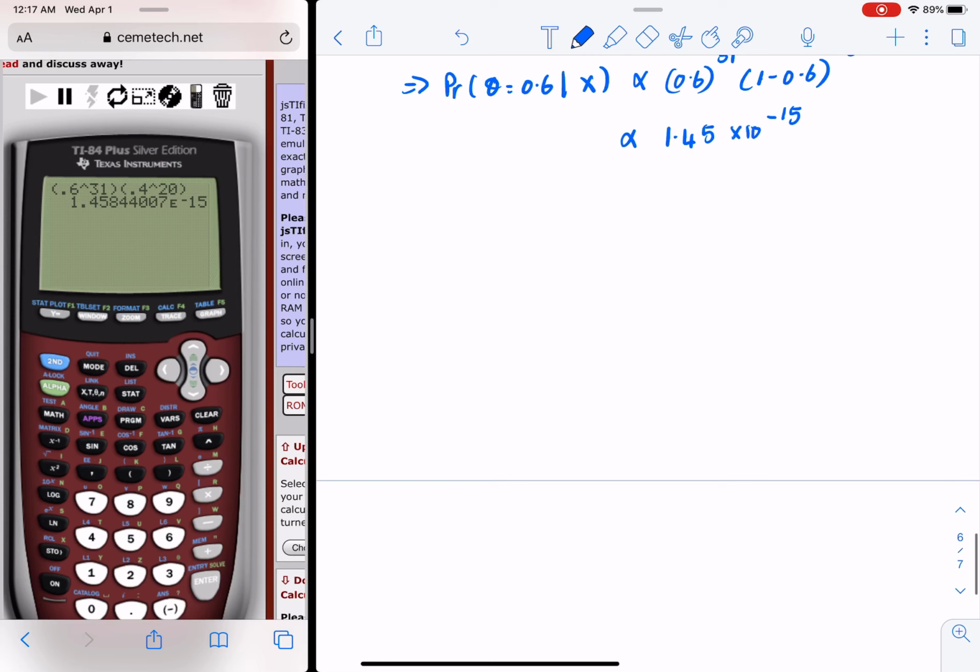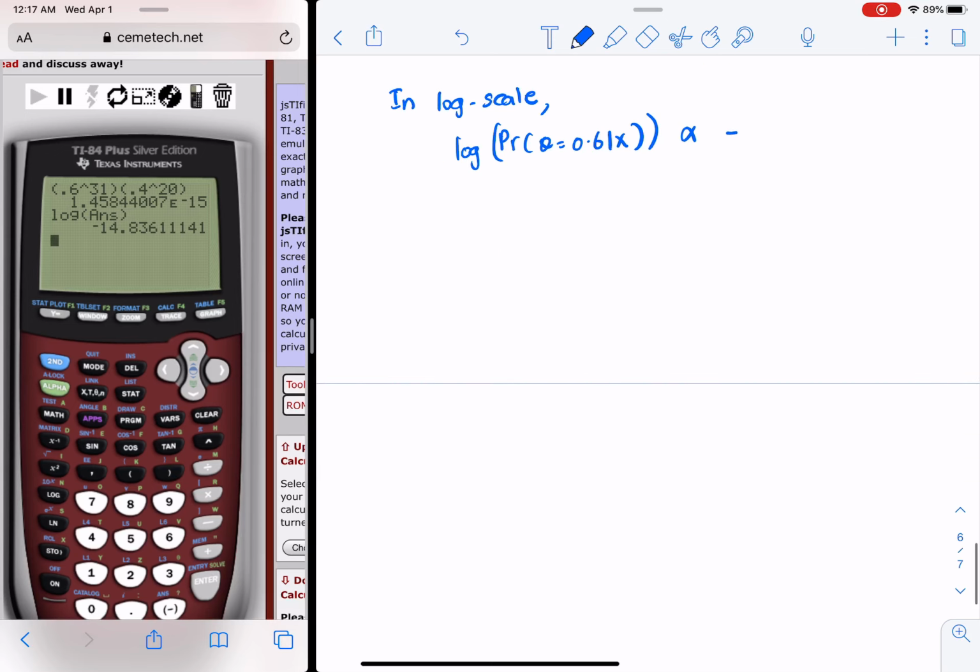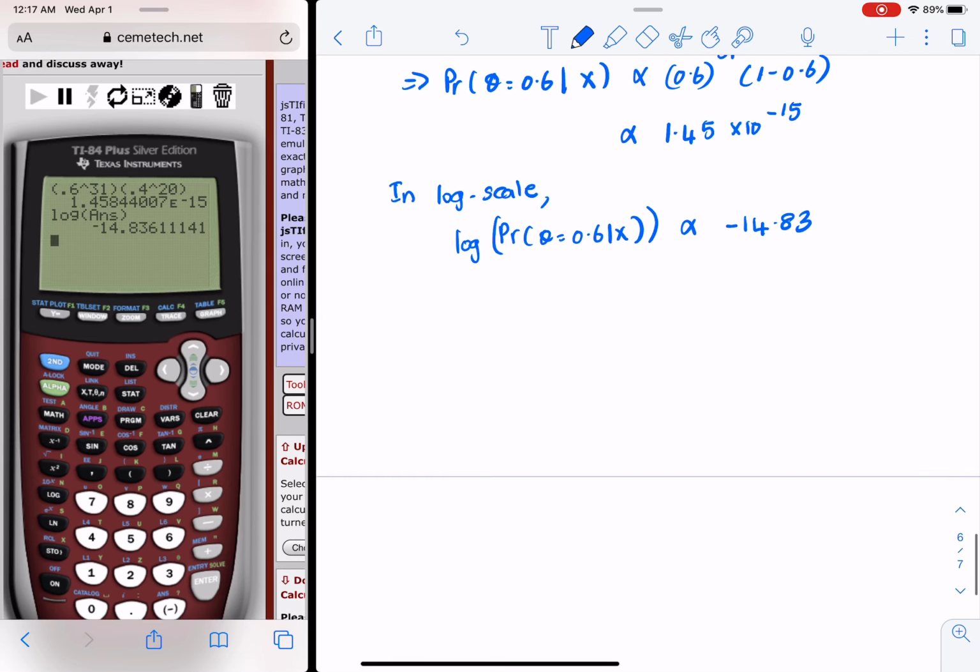And if we put it in log scale, we get the value, the log probability of the posterior. It's negative 14.83.